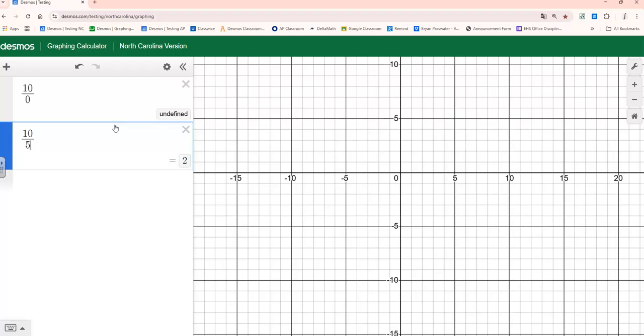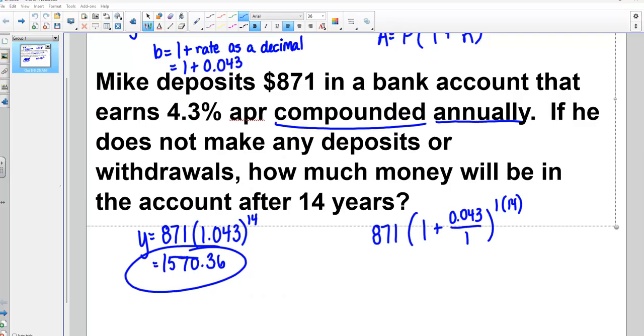Well, if you're trying to do 10 divided by 0, you have 10 cookies, and you have 0 people. But that can't happen because you have 10 cookies. You can't have 0 groups of cookies. The cookies exist, so we can't put them in no groups at all. So it's undefined. You cannot divide by 0.